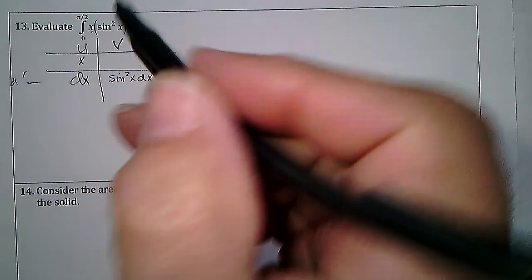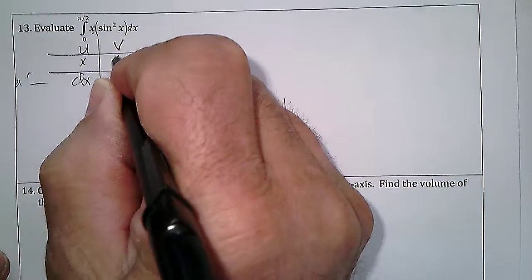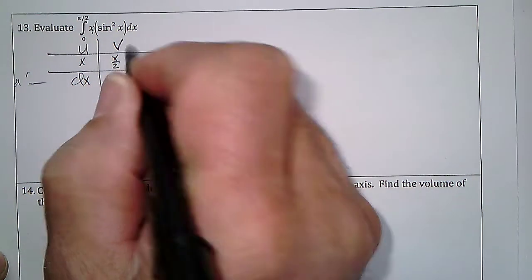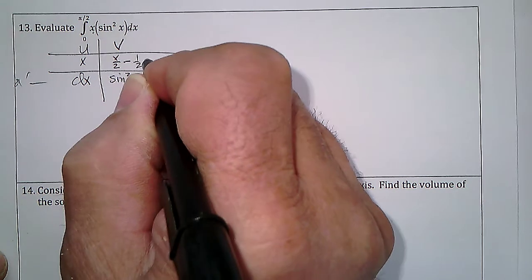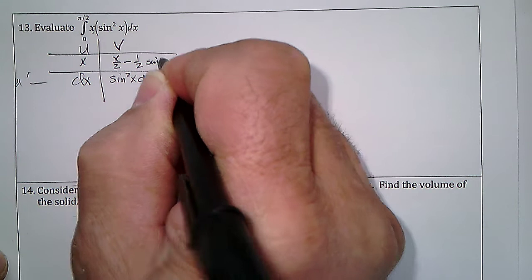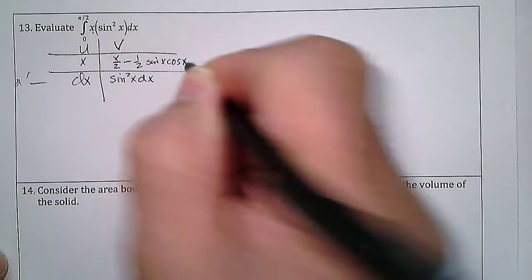So that's x over 2 minus 1/2 sine x cosine x.